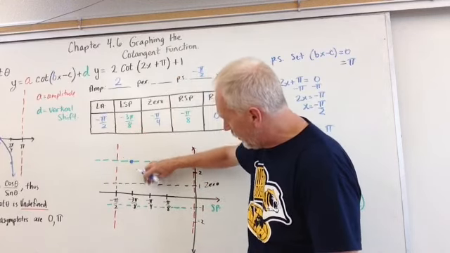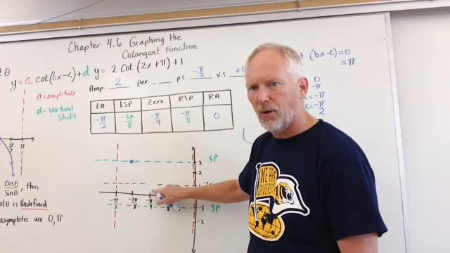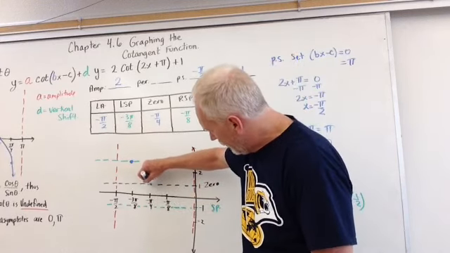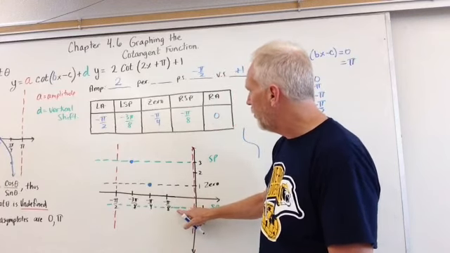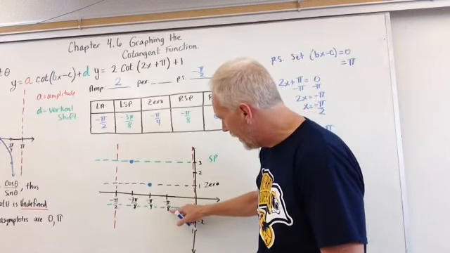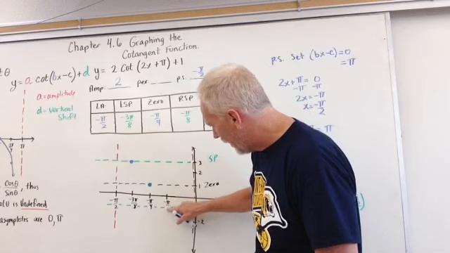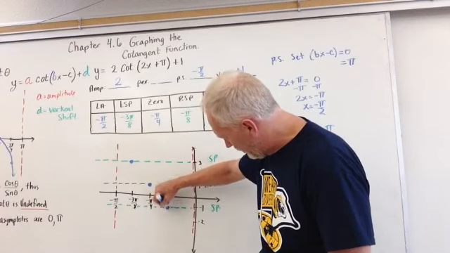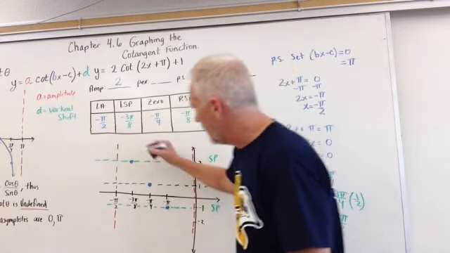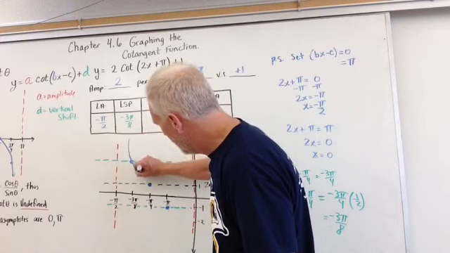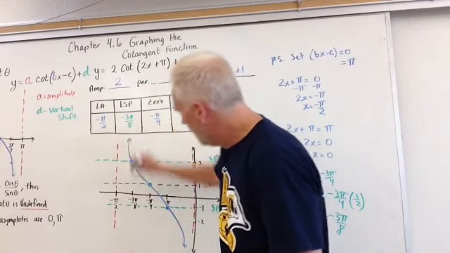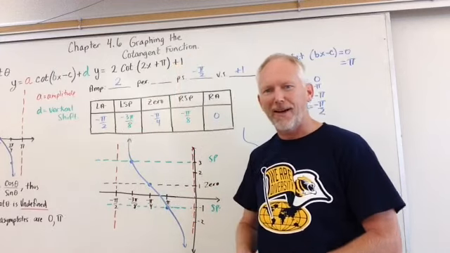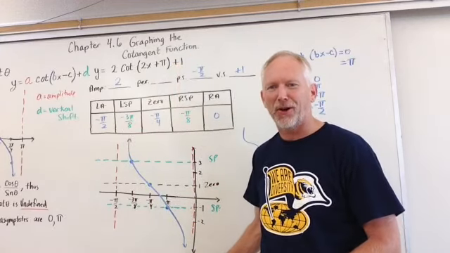My new 0, don't forget, will not be on the regular 0 line. It's moved up 1. So we've got to put that there. And then my right shoulder point is at negative pi over 8, and that's going to go right where that 8 is. So I apologize for that, but that's all right. And then we're going to see this curve go like this, and then down that way. And that is a nice cotangent curve.